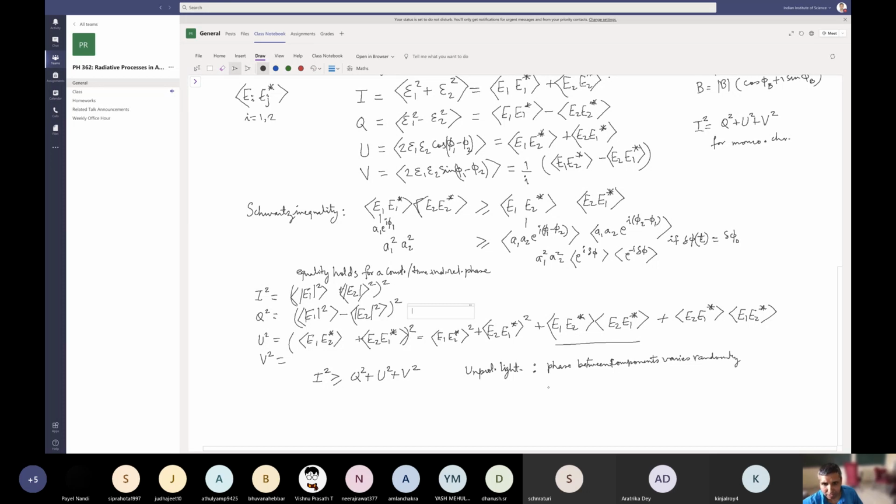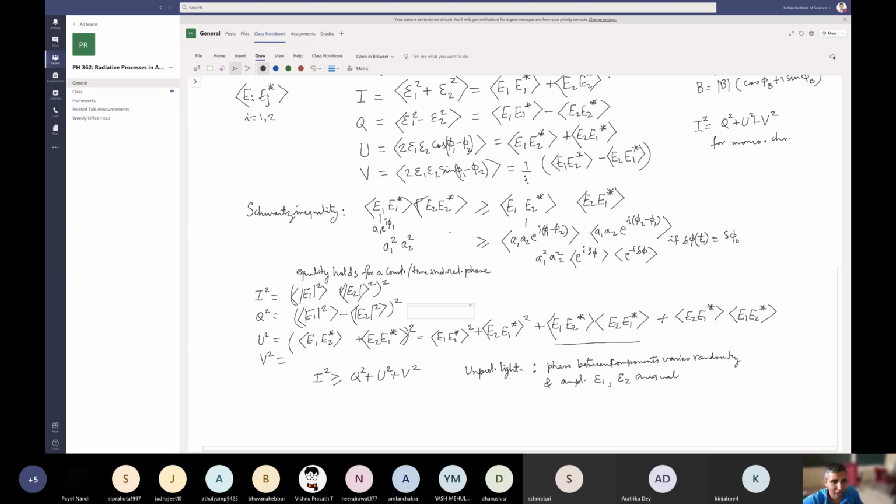This is the first condition, and the amplitudes epsilon1 and epsilon2 are equal. Basically what it means is that if you take any two axes, the power along the x and y directions are equal, and the phases are changing randomly.